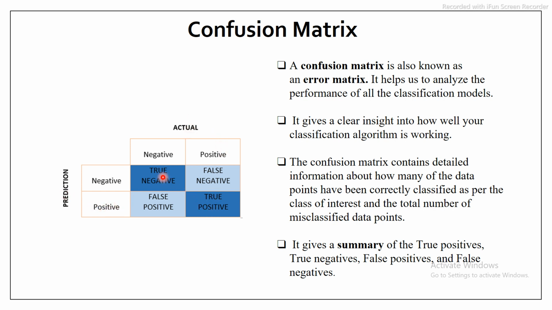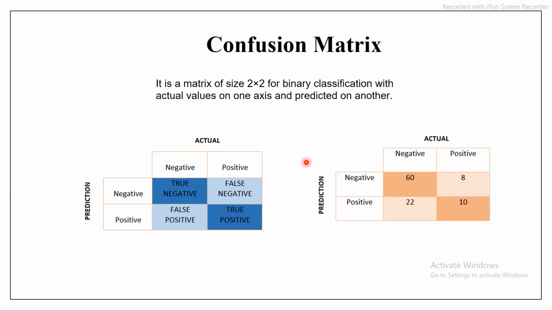True negative and true positive have nothing to do with the problem, but you have to worry about false positive and false negative. This will be your use case, and your ultimate struggle will be to reduce these two.